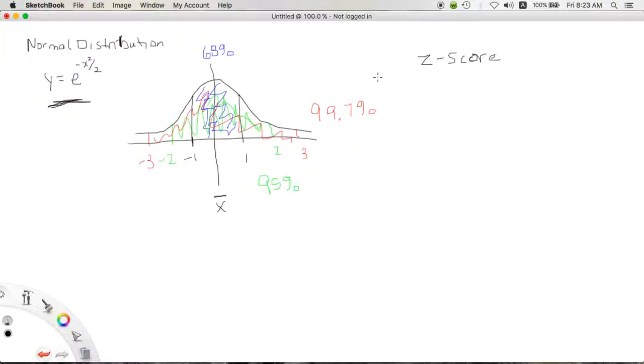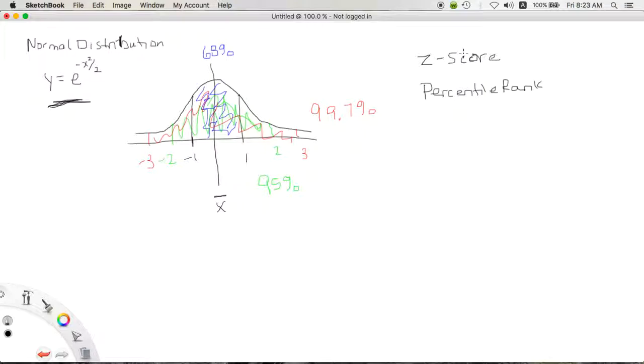The other thing we're going to look at a little bit is a percentile rank. And that's the percent of values less than or equal to a given value. When you take the ACT or SAT or any of the standardized tests like the Terra Nova, you get a percentile.